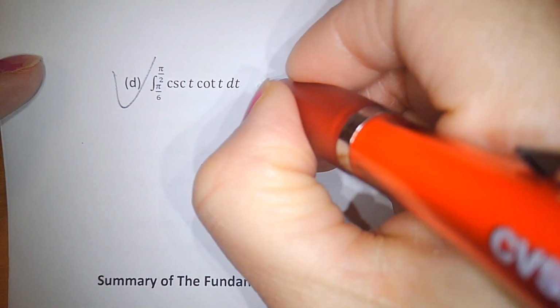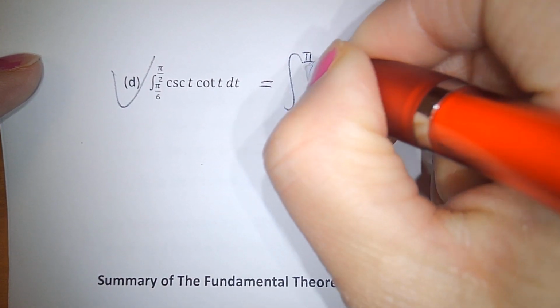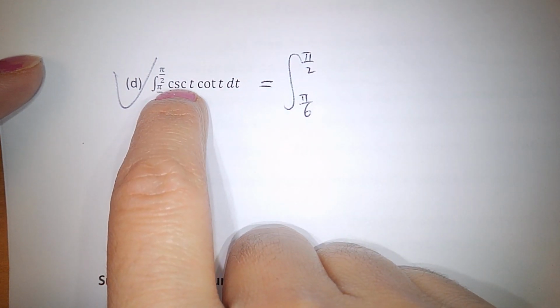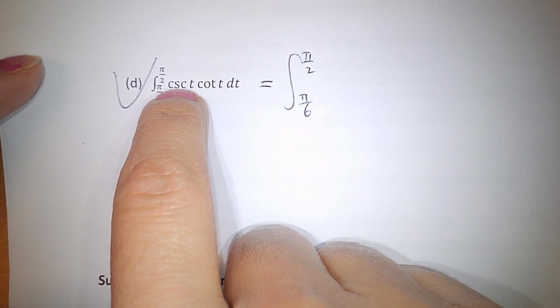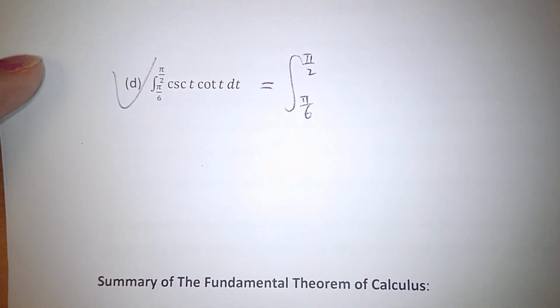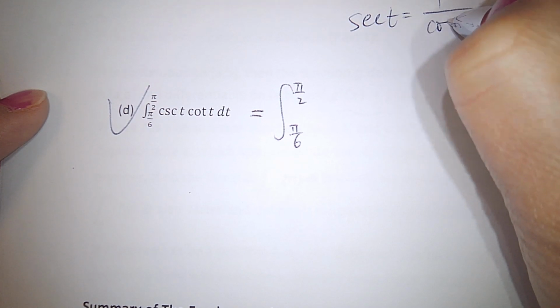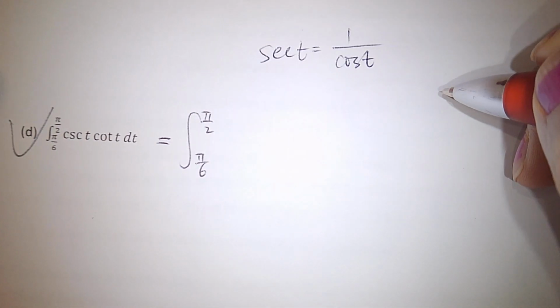Do you still remember? We can rewrite cosecant t as what? What's the relationship between cosecant t and cosine or sine? Secant t equals 1 over what? Cosine, right?